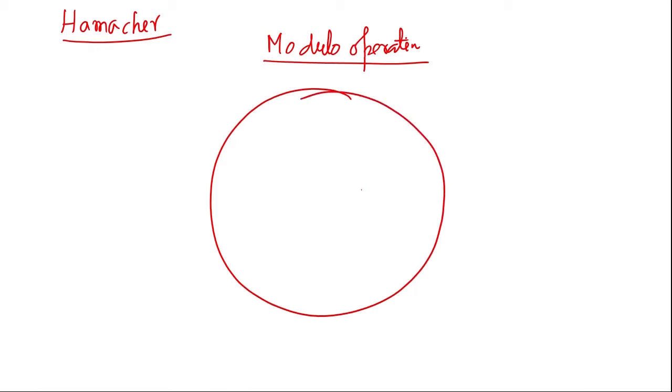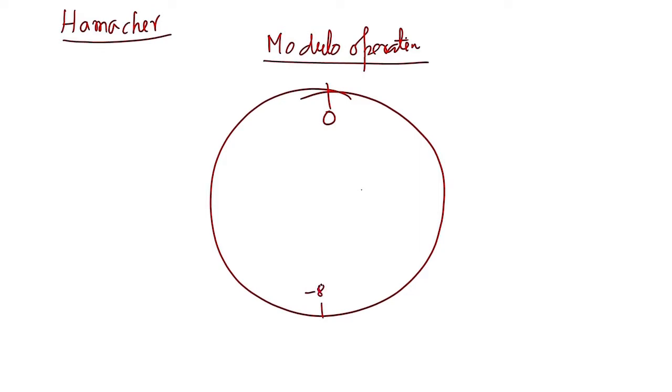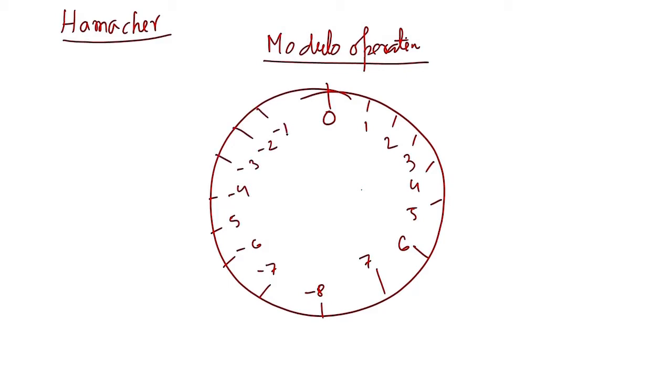circle here. Number will start at 0, and this will be -8. Here we will have 1, 2, 3, 4, 5, 6, 7. And here we have -7, -6, -5, -4, -3, -2, -1.